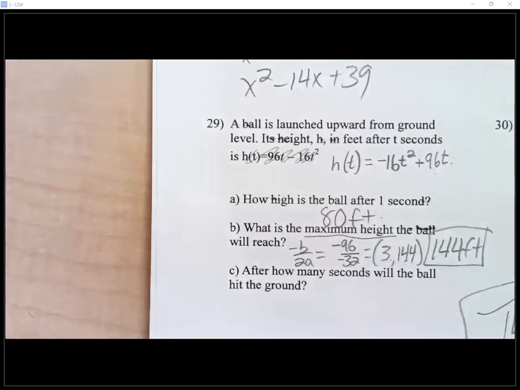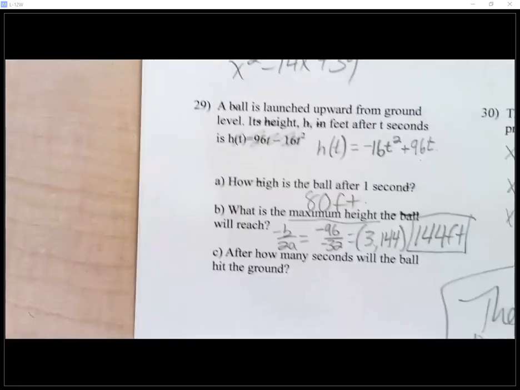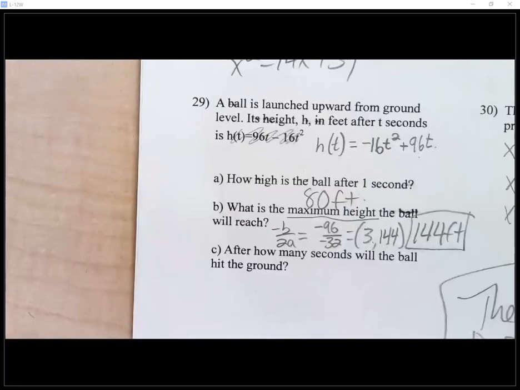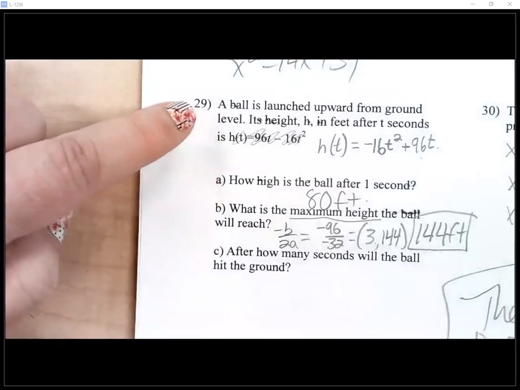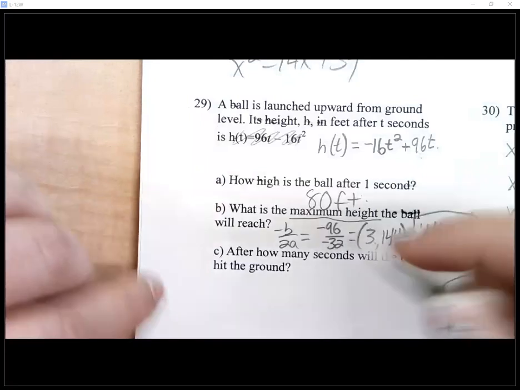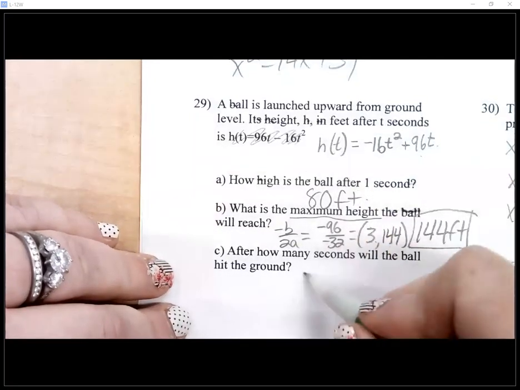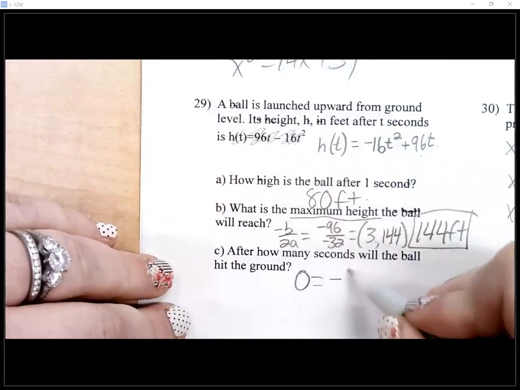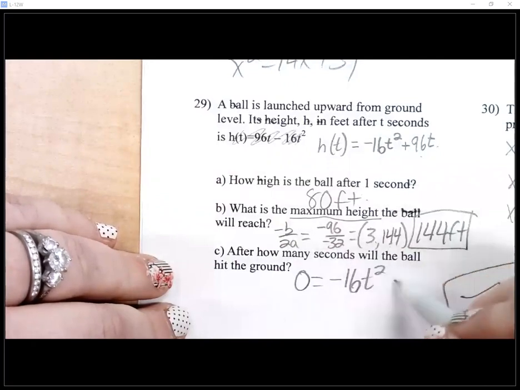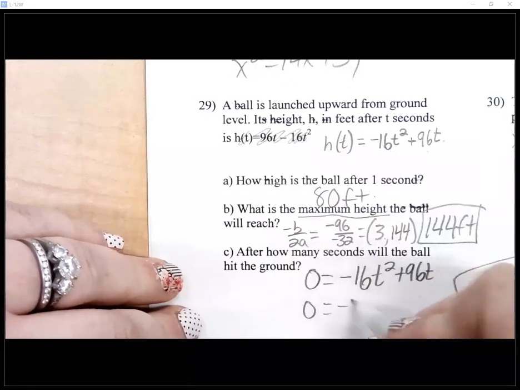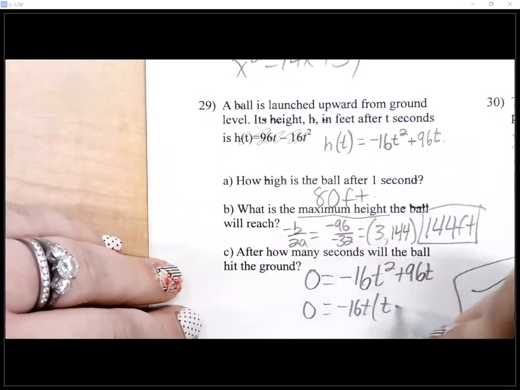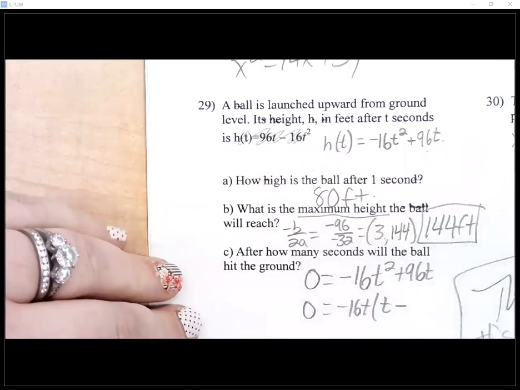And then the last one asks, after how many seconds will the ball hit the ground? You kind of already know the answer because we got lucky here. Don't you factor it? Yes, because the height's going to be 0 when it hits the ground. So you can just factor this, right? I can factor out a negative 16t, and that would leave me with t minus 96 divided by 16, which is 6.